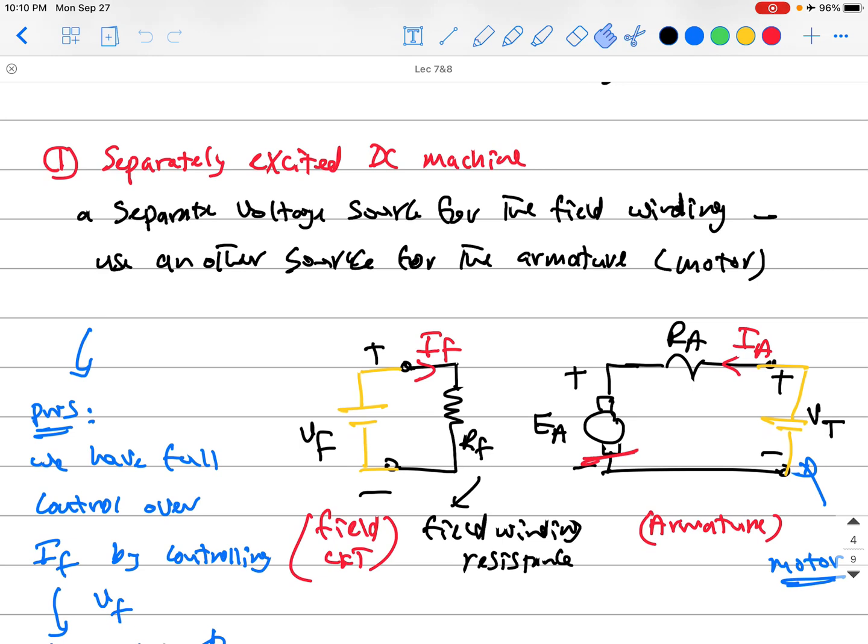In large DC machines, which are the typical DC machines, the field comes from electromagnets. That means coils with an applied voltage. Electric current moving inside a coil will create a magnetic field, just like permanent magnets.